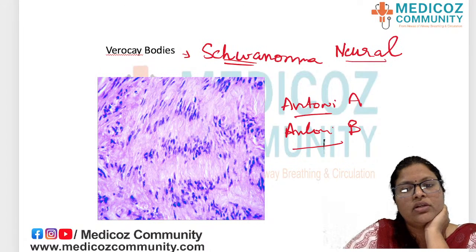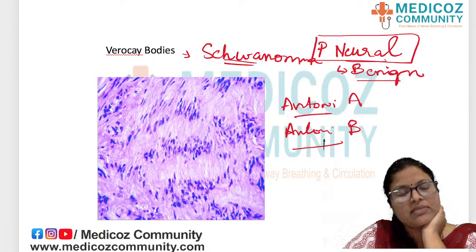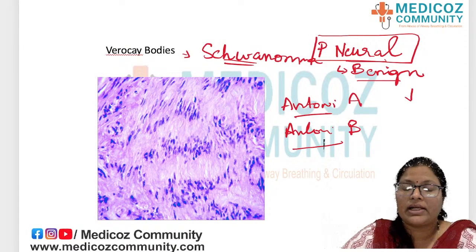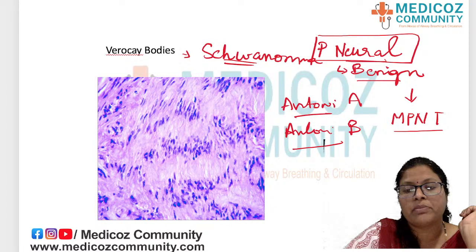It's a peripheral neural tumor and it is a benign tumor. Okay, but again based on the mitosis, based on the atypia, we also categorize, it can go on to become MPNST, that is malignant peripheral nerve sheath tumor.